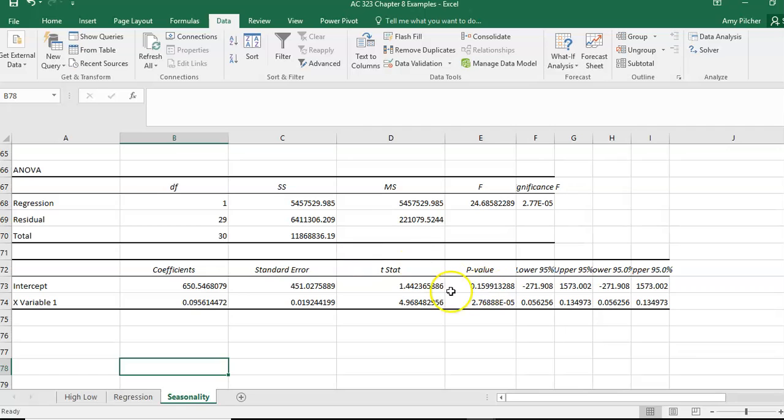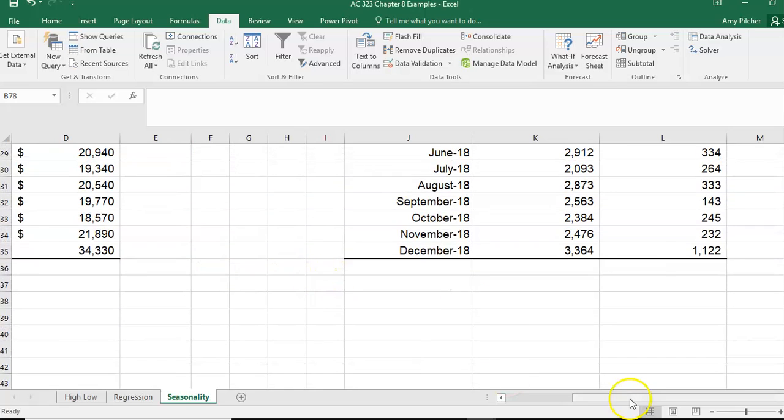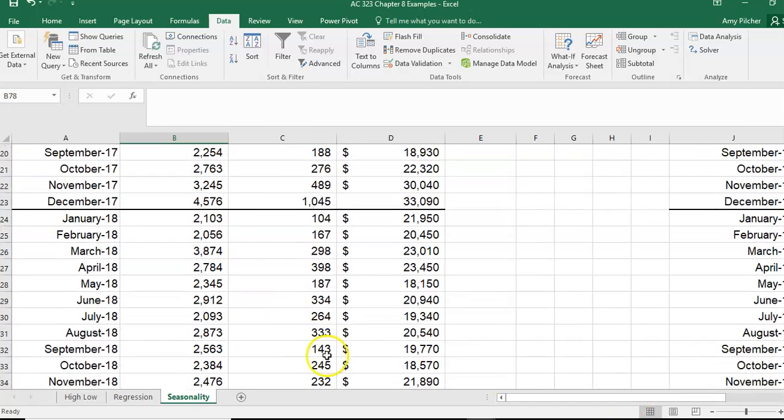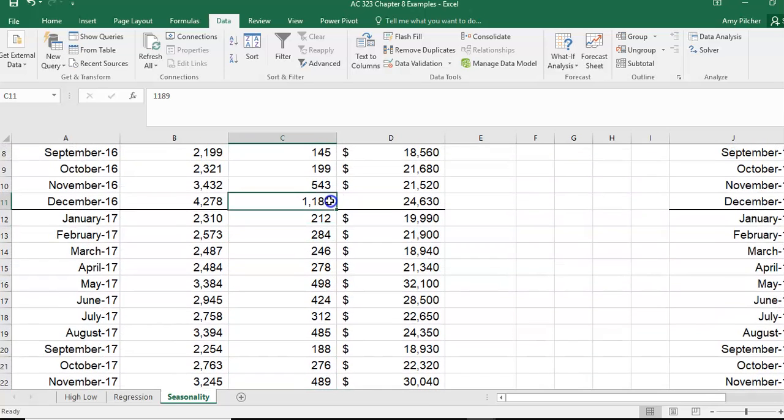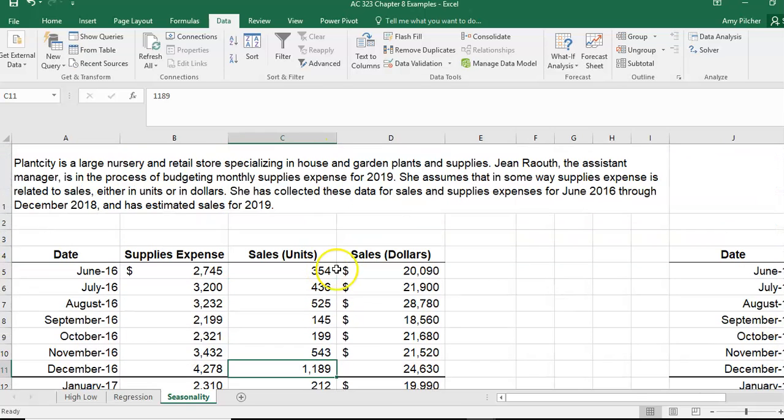Okay, now we're going to account for seasonality. When we have seasonality in a month where our changes are significant, as we can see here. In December, our sales are vastly different than sales during the rest of the year.